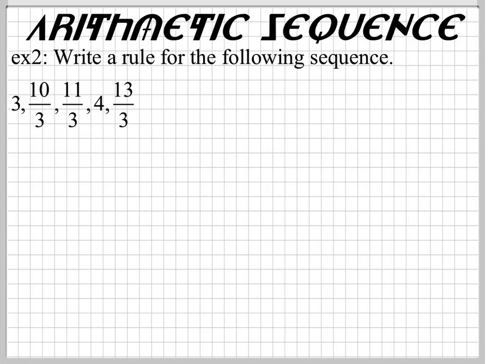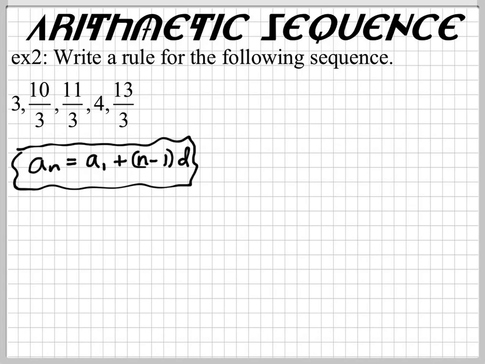I want to use the general term for an arithmetic sequence, which is a sub n equals a sub 1 plus n minus 1 times d. But in order to use this, I have to have an arithmetic sequence. So is this an arithmetic sequence? I don't know yet. Let's find out. You take any two terms, as long as they're right next to each other, and you find their difference.